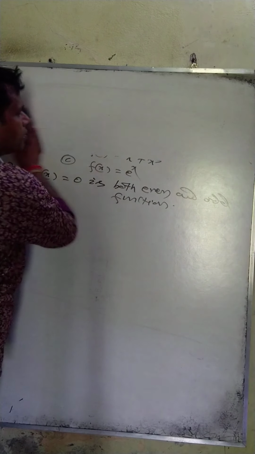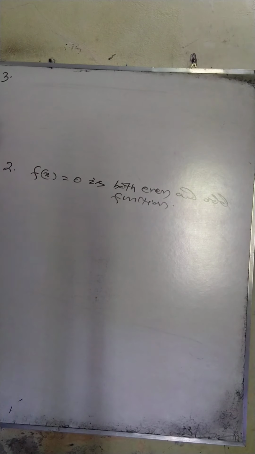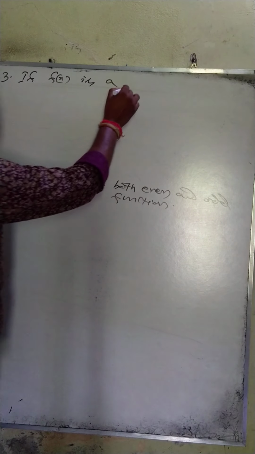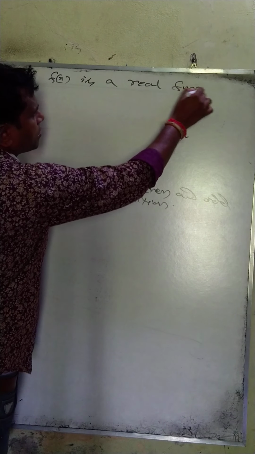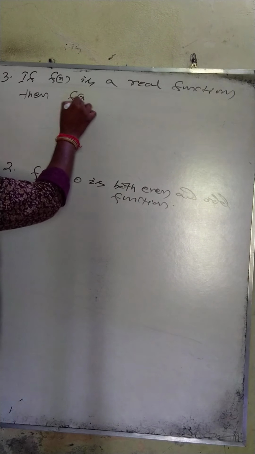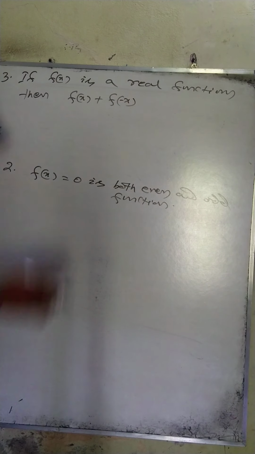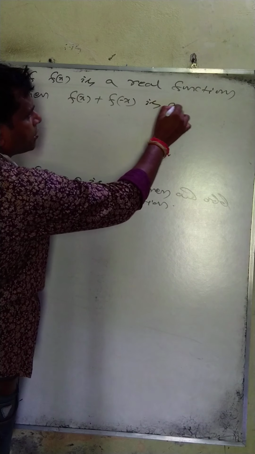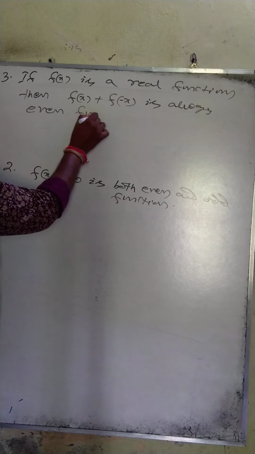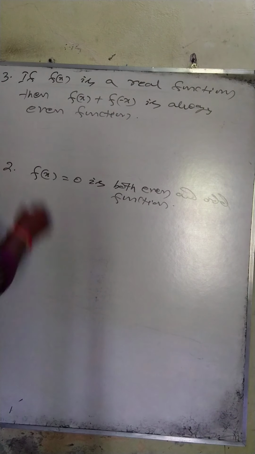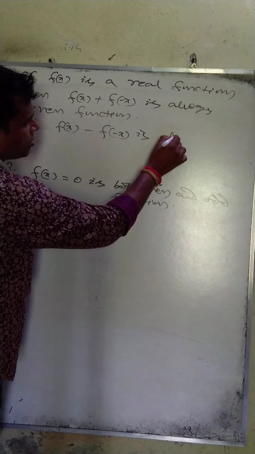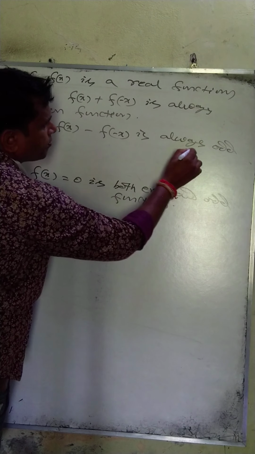Number 3, if f of x is a real function, then f of x plus f of minus x is always an even function, and f of x minus f of minus x is always an odd function.